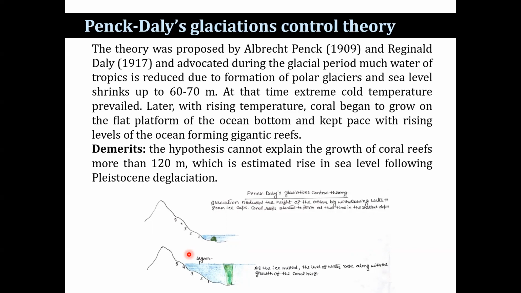Later, with rising temperature, coral began to grow on the platform of the ocean bottoms and kept pace with rising ocean levels, forming gigantic reefs. But the hypothesis cannot explain the growth of coral reefs more than 120 meters, which is the estimated rise in sea level following Pleistocene deglaciations.